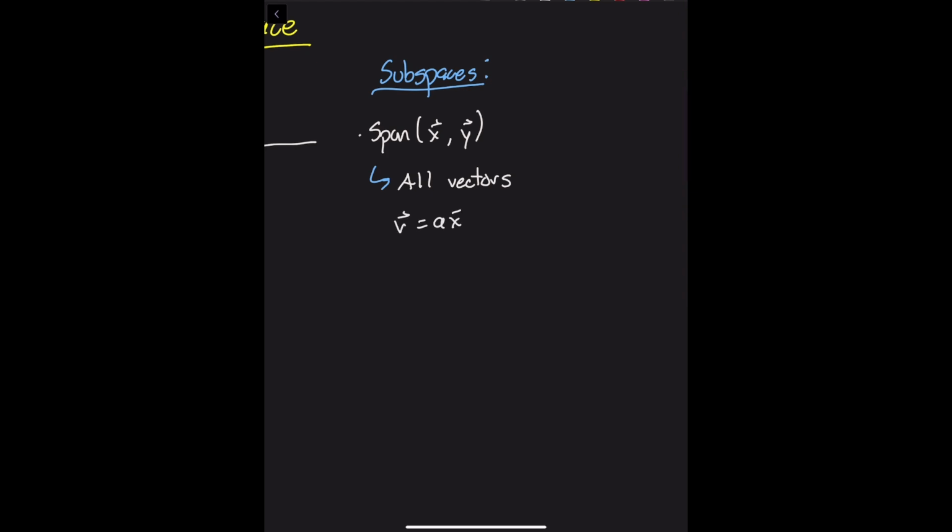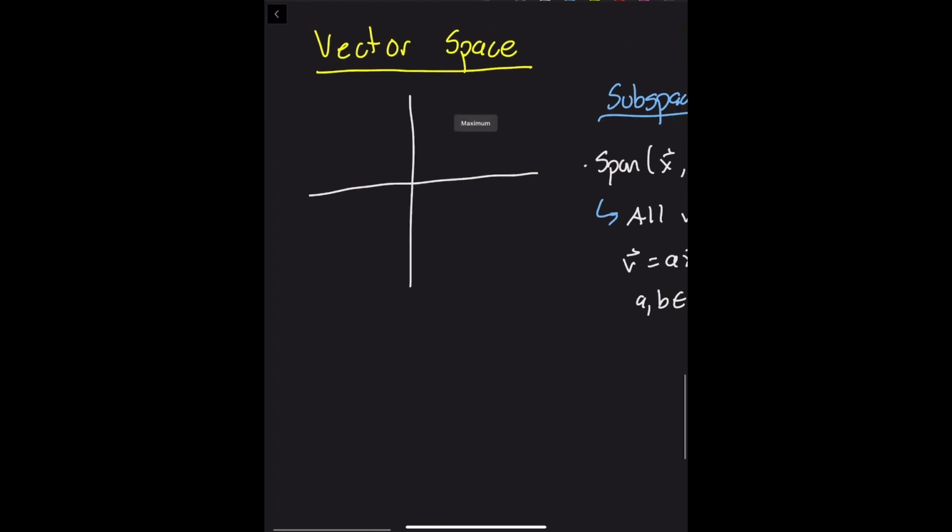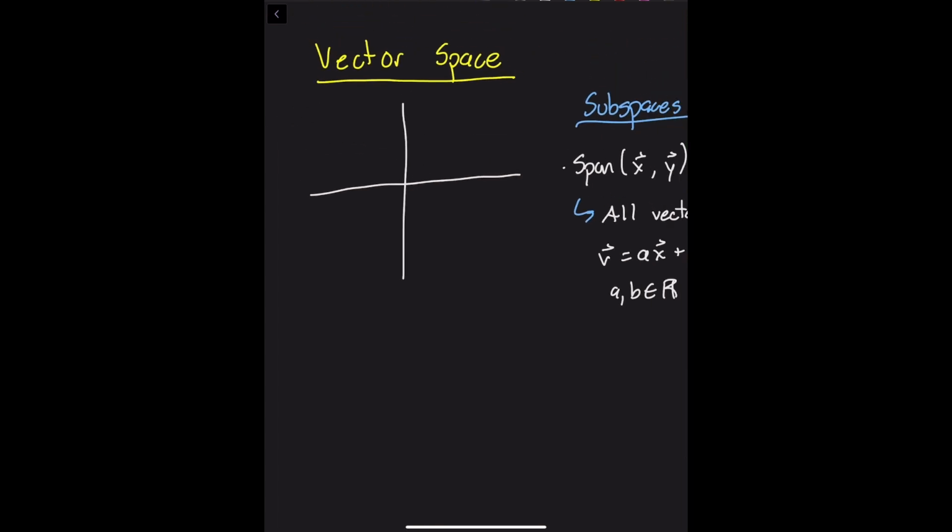And b and r can be any real number. So they can be fractions, decimals, irrational numbers, etc. So like say this is x and this is y. If I add these together, I can only get something along the x-axis, if I drew my axis better.